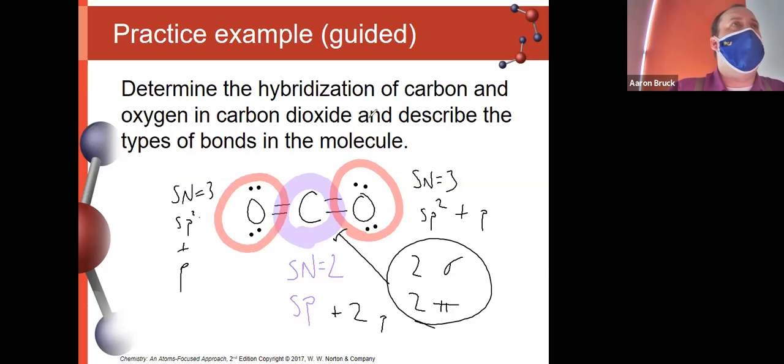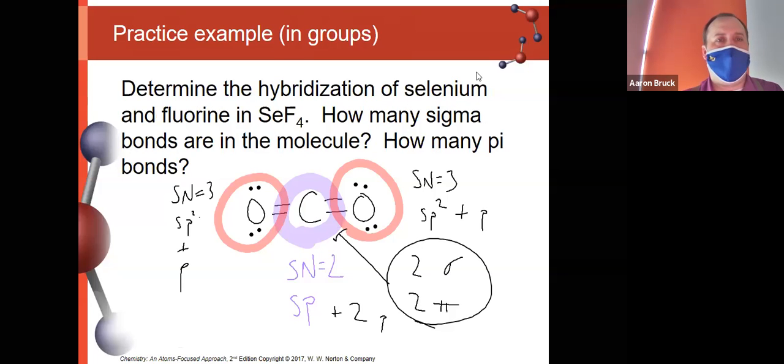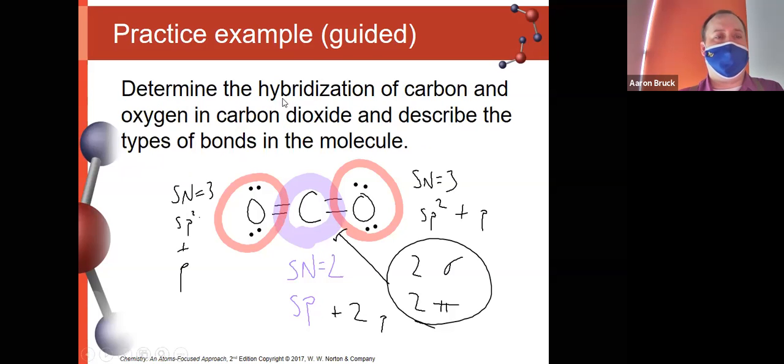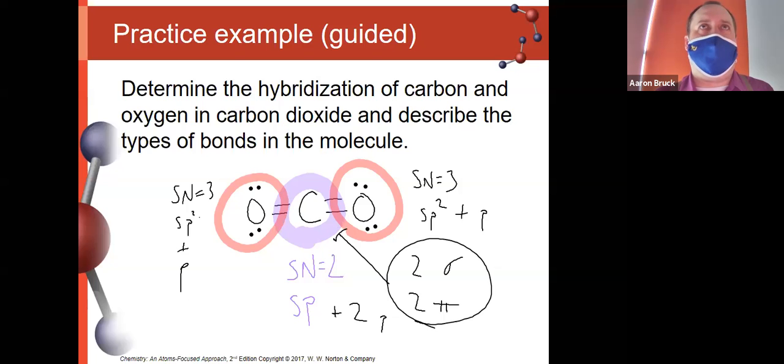All right, questions with this example? All right. Oh, I'm sorry, Jaron. So in the skill that we did on Thursday, when it asks for the hybridization of the molecule, it's asking for the center atom.